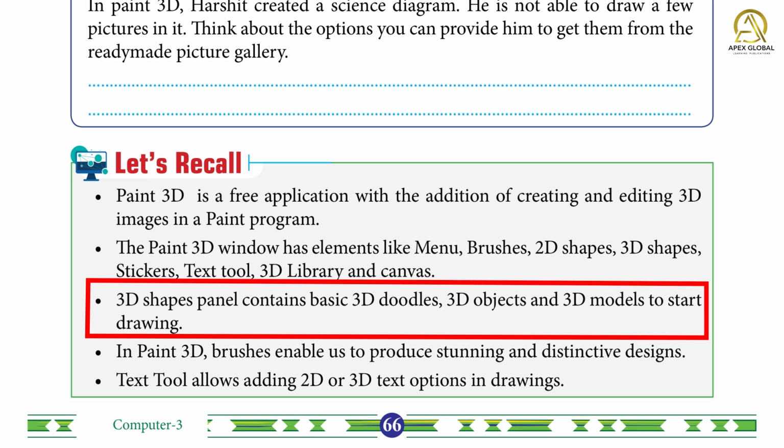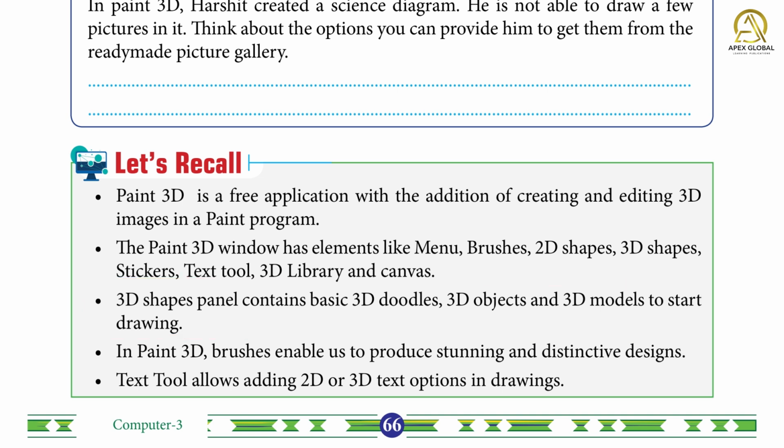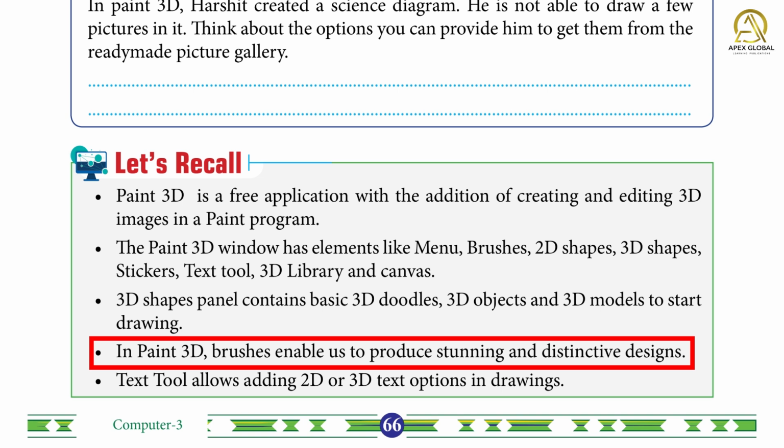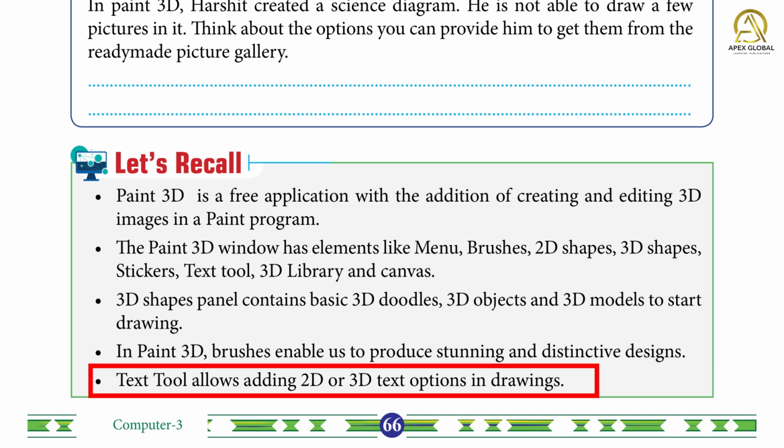The 3D shapes panel contains basic 3D doodles, 3D objects and 3D models to start drawing. In Paint 3D, brushes enable us to produce stunning and distinctive designs. The text tool allows adding 2D or 3D text in drawings.